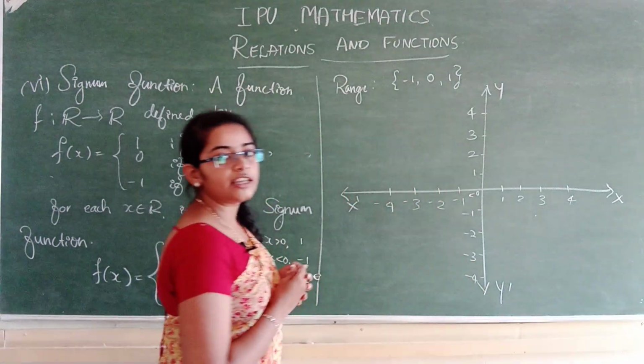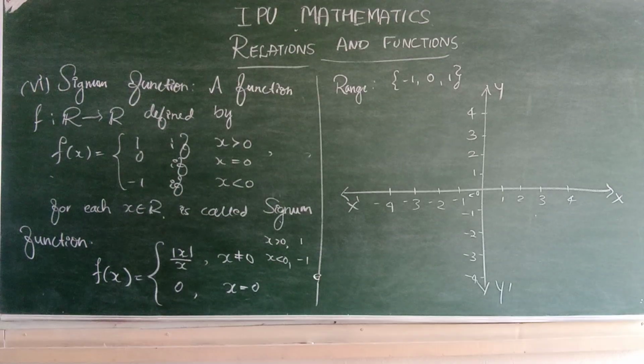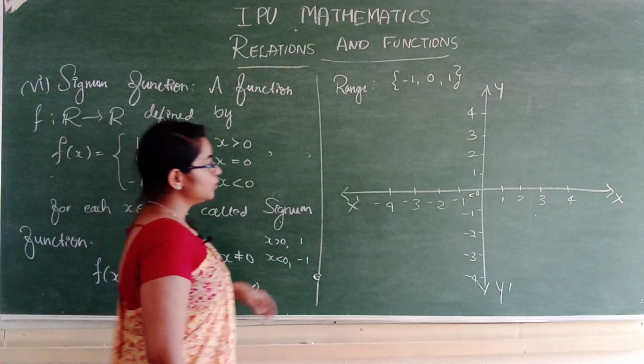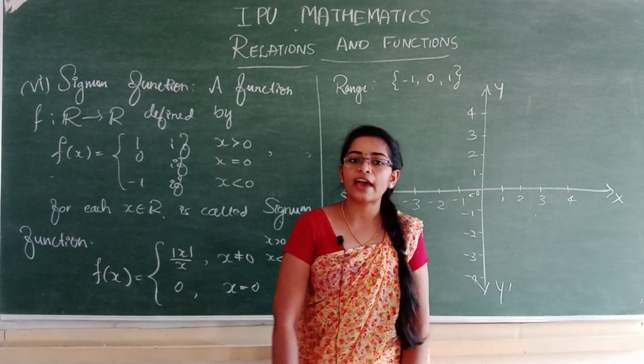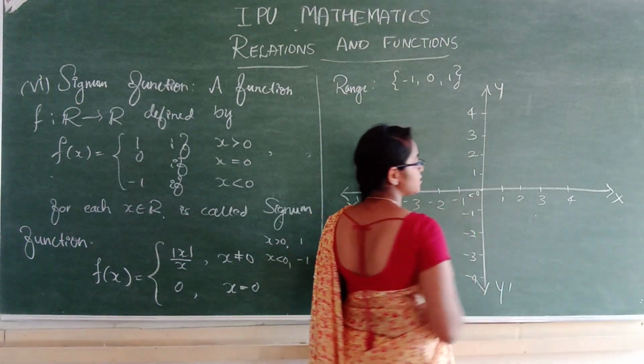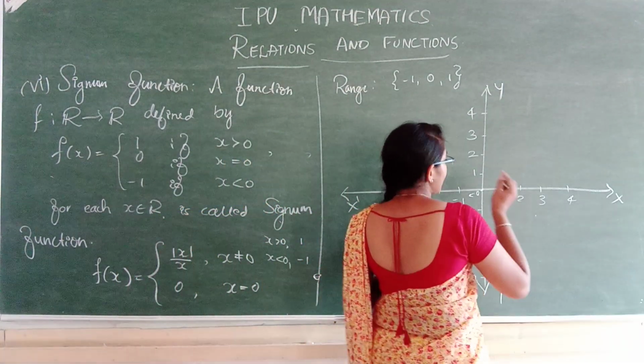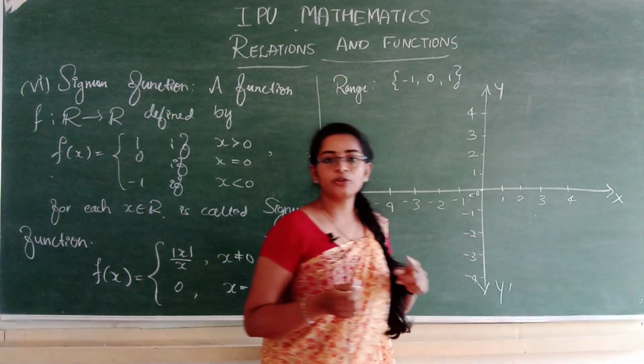This is the initial setting for drawing the graph. Now what is the value for x equal to 0? By definition the function value is 0 itself. So here this is the point, and if x is greater than 0, what will we get?